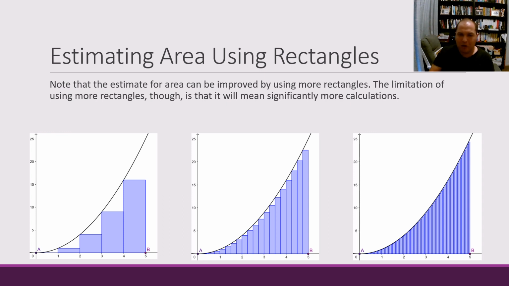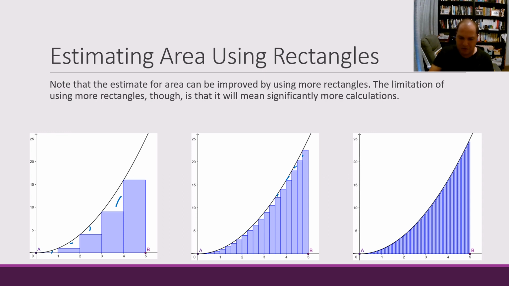Now, we could make our estimation better by just including more rectangles. Notice with our first example here, we've got these big gaps of areas that we didn't really count in our estimation. If we increase the number of columns, or the number of rectangles we use, like in this second one, we've got much smaller areas that we have missed.